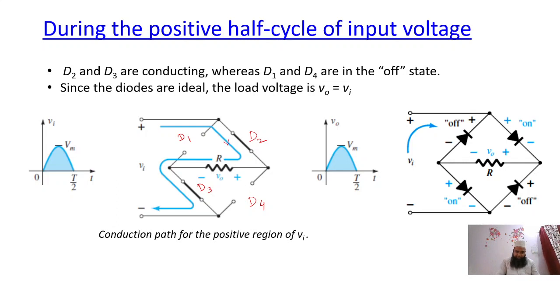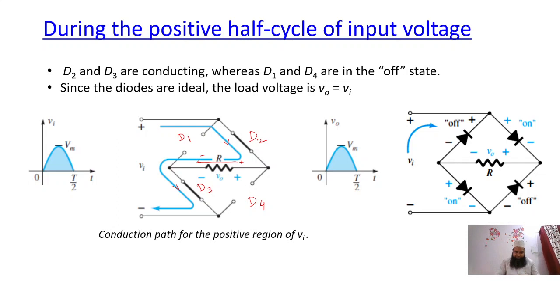D2 is conducting and the current flows in this direction. This will be positive and this will be negative, and then D3 will be conducting and the current completes the path like this.